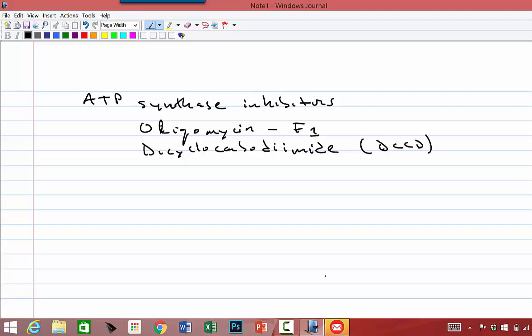What does this do? Well, it looks like this. Let's see if I can draw this correctly. And this reacts very well with carboxylic acids.